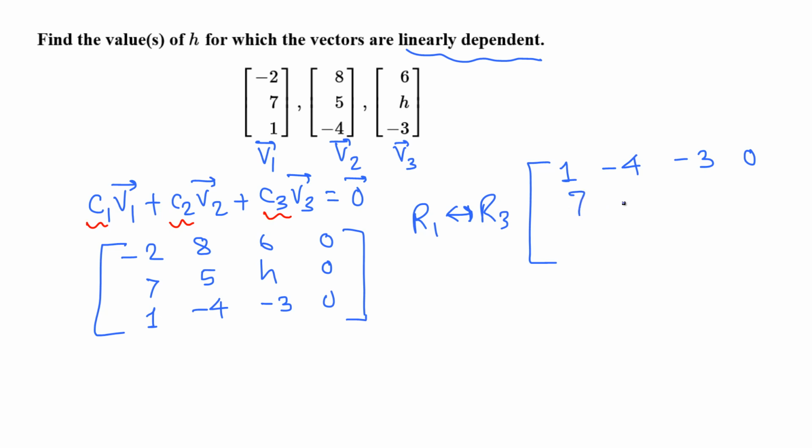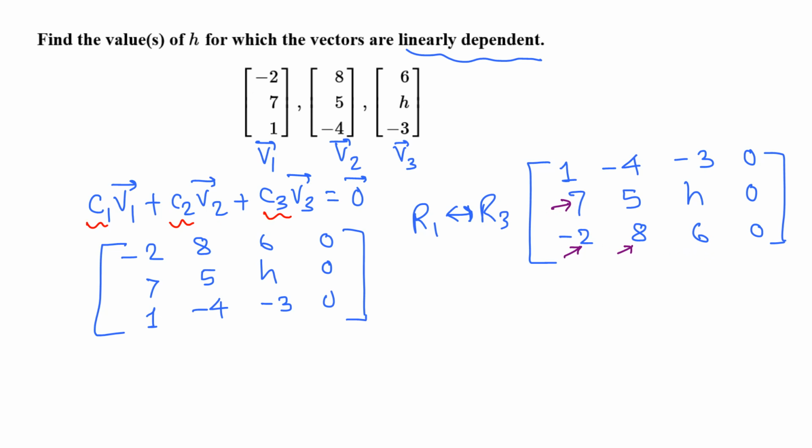R2 stays the same: 7 5 h 0, and then -2 8 6 0. Row reduce means we want to make these 0. The 5 and 6 should be pivot locations, but they might change.